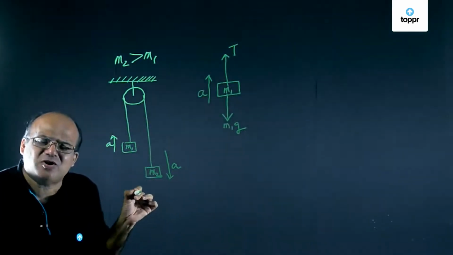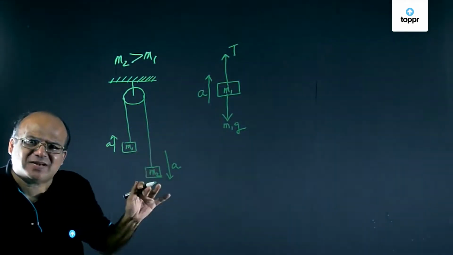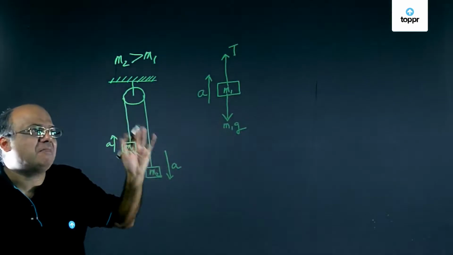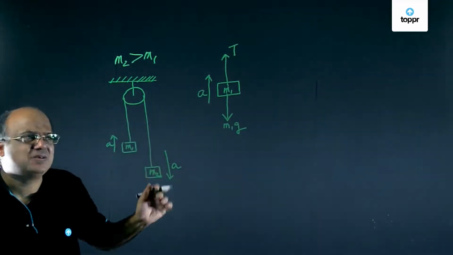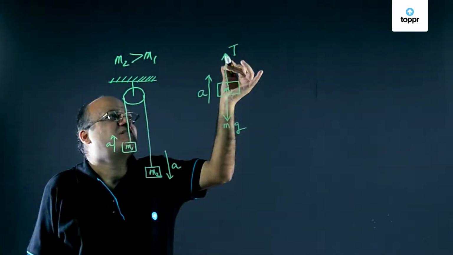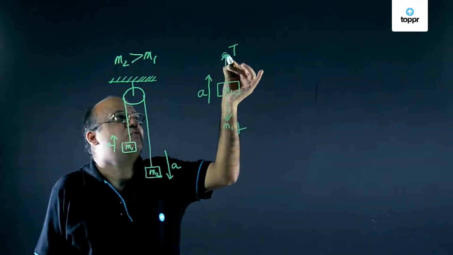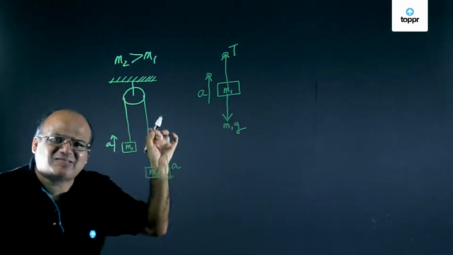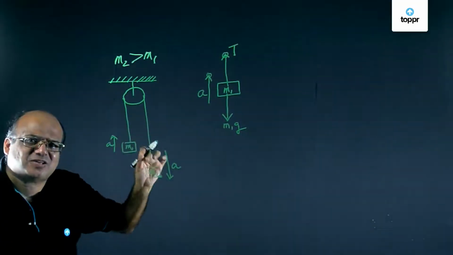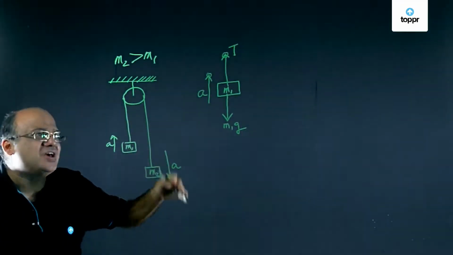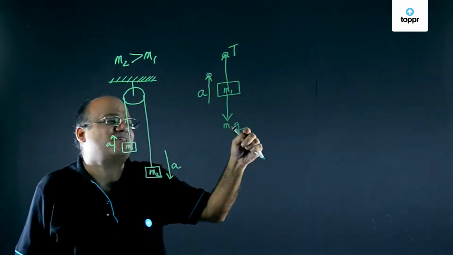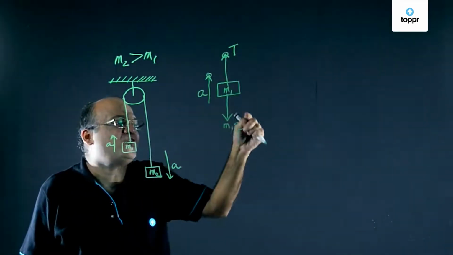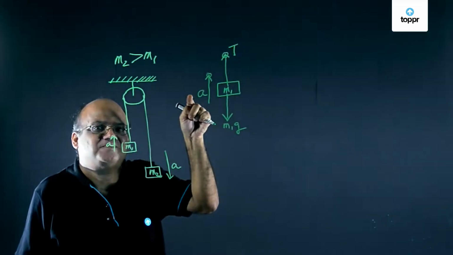Now how do we apply Newton's second law? F net is equal to mass into acceleration. So here this force has to be more than this. Why? Because the acceleration is upwards. Acceleration is always in the direction of more force. So net force is this minus this. This is the net force in the direction of acceleration.